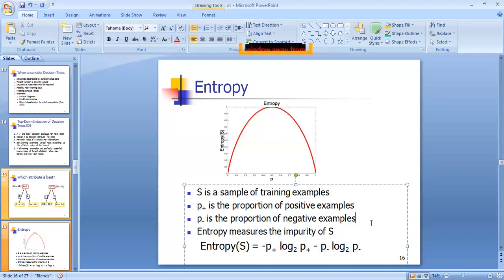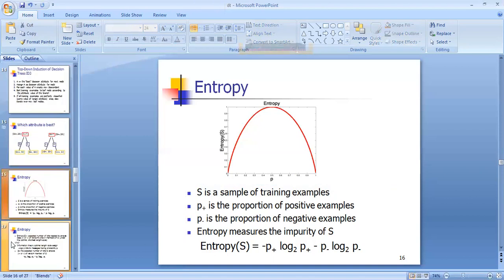In the examples, you are having two kinds, positive examples and negative examples. If the output is yes, then we consider it a positive example. If the output is no, then we consider it a negative example. So that is the entropy concept.